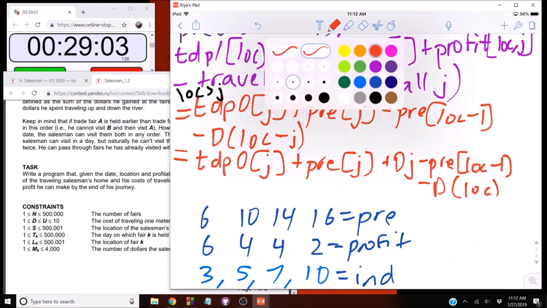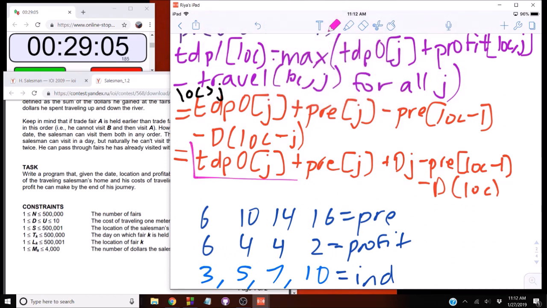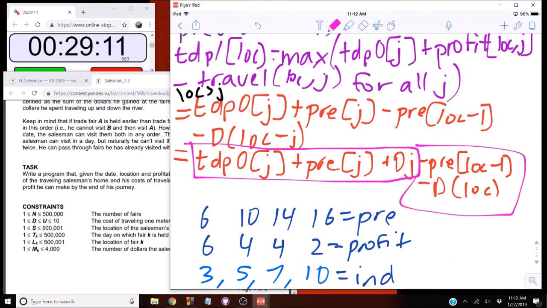Okay, now this is important because these values can be put in the segment tree because they're dependent on j, and these values are dependent on lock. Alright, I think I have a good working solution, so let's start coding this.